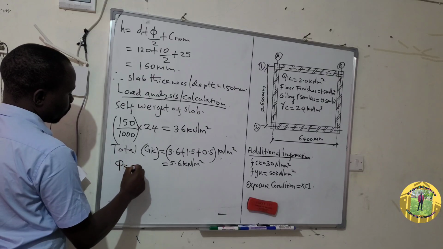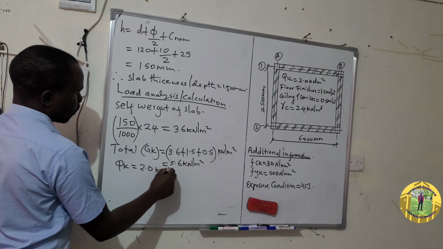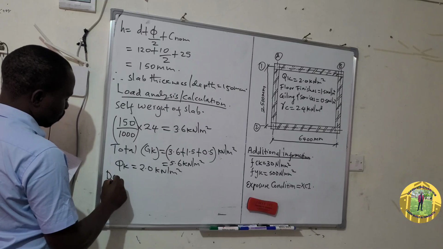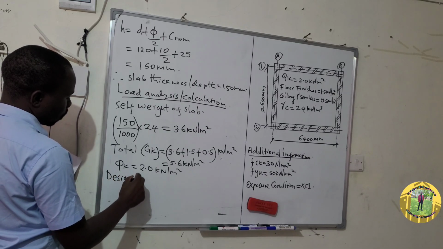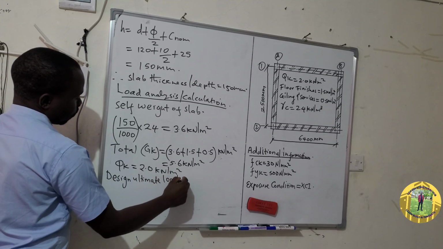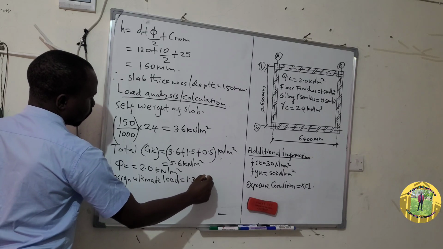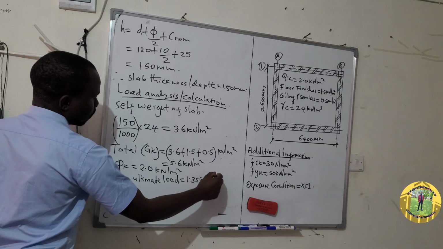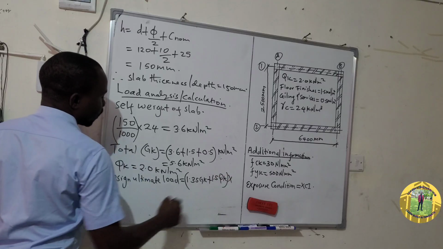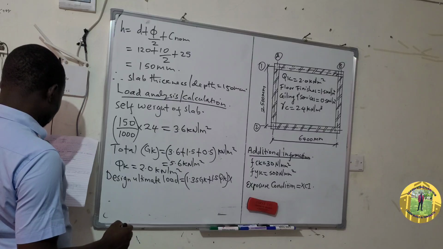And then we come to the QK. So QK is equal to 2.0 kilonewton per meter square. So the design ultimate load is equal to 1.35 GK plus 1.5 QK, then you multiply by 1 meter width of the slab.